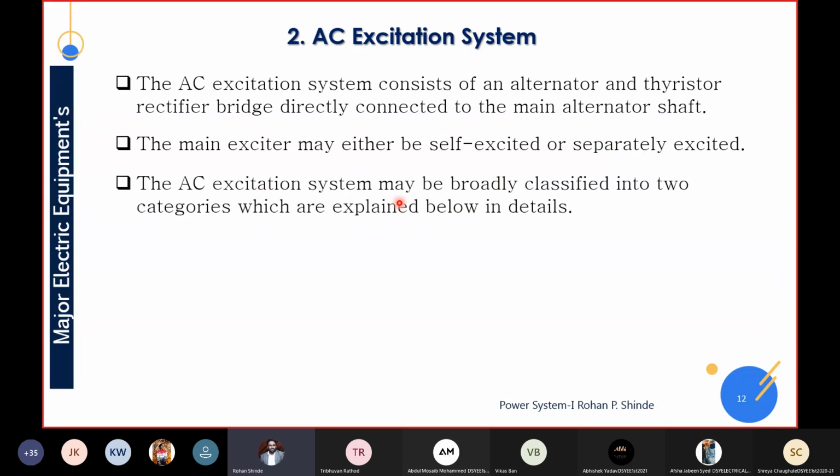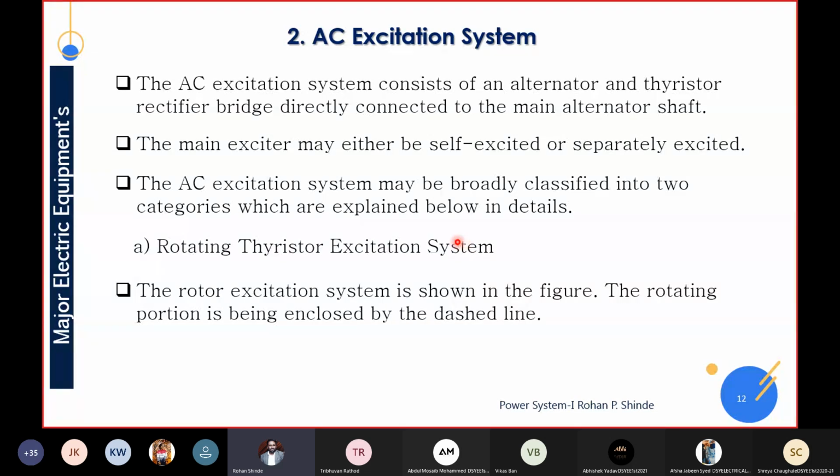The excitation system may be broadly classified into two categories, which are explained below in detail. That means we will see in detail about this AC excitation system. First is the rotating thyristor excitation system.